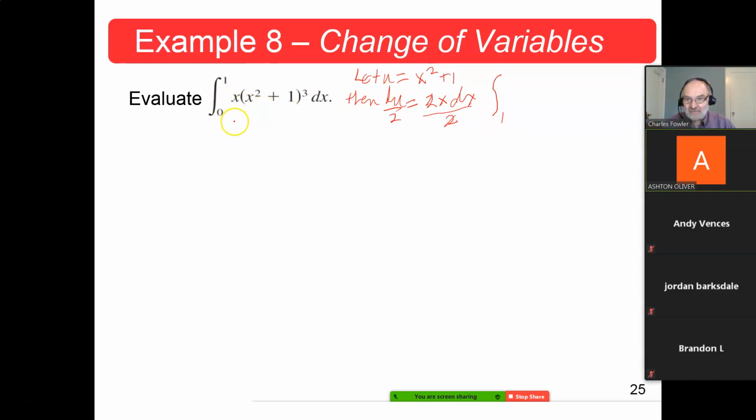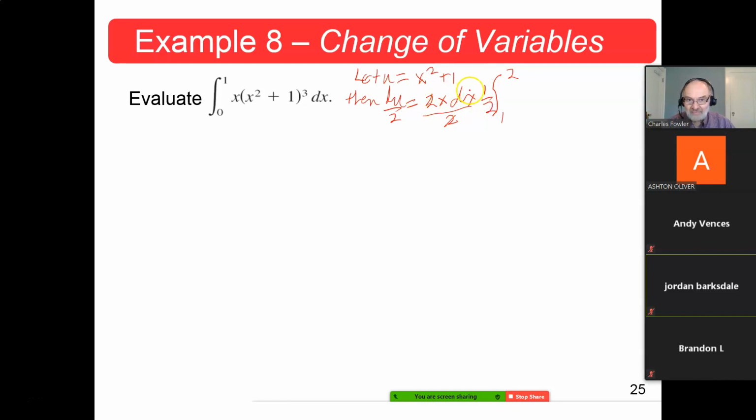And when x is equal to 1, that's what this is saying here, u is equal to 1 squared plus 1, 2. High level math today. 1 plus 1 is 2. Okay, good deal.